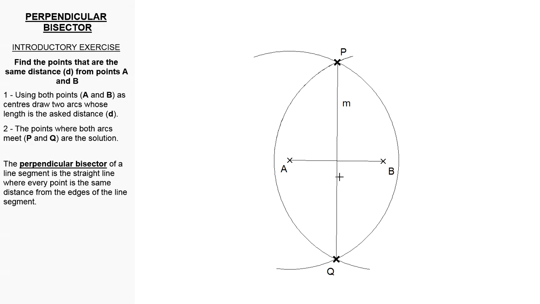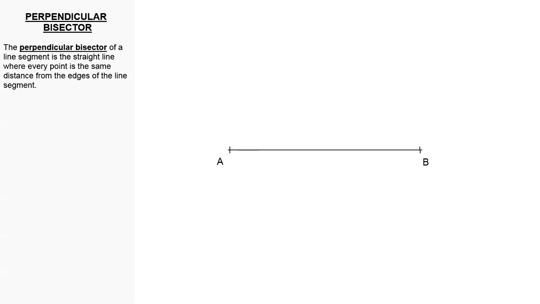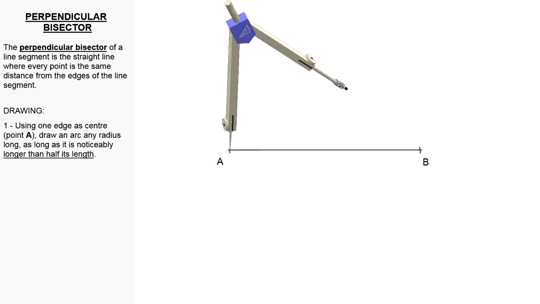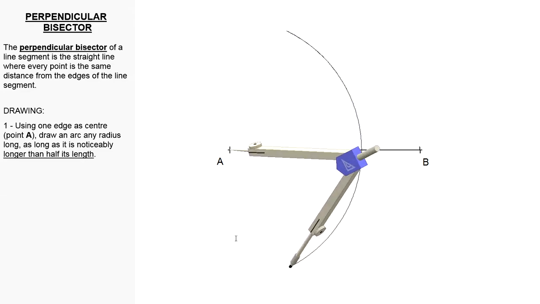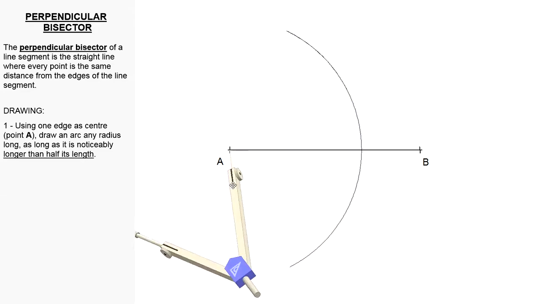Let's see now how to find out the perpendicular bisector of this line segment AB. What we will have to do is to find 2 points that are at the same time at the same distance from point A and B, the edges of the line segment. Using point A as center and the compass as open as we want, as long as it is longer than half the line segment, we will draw an arc like this one.